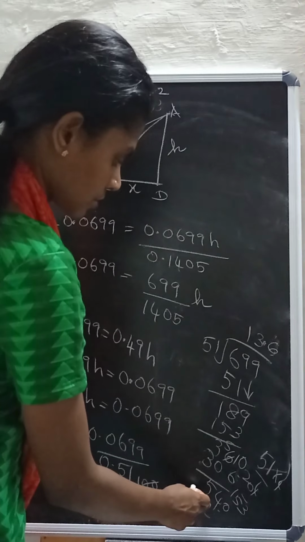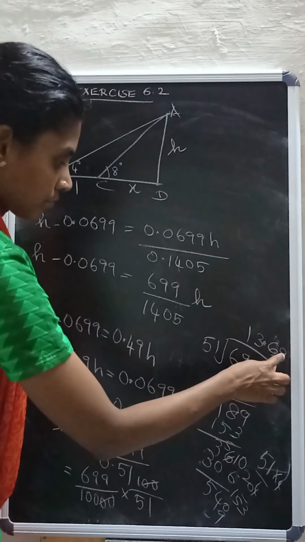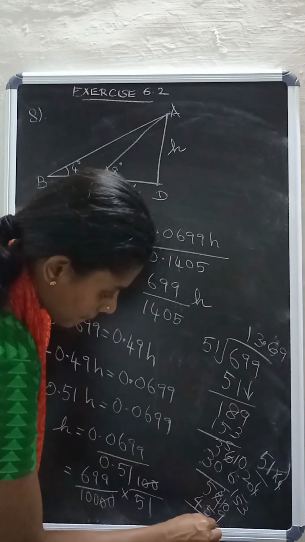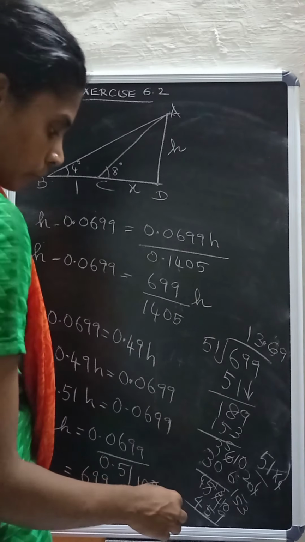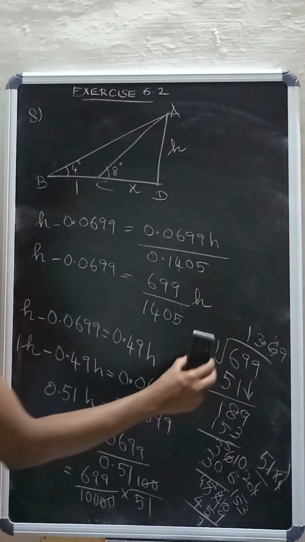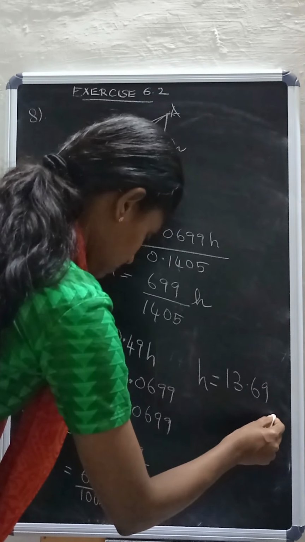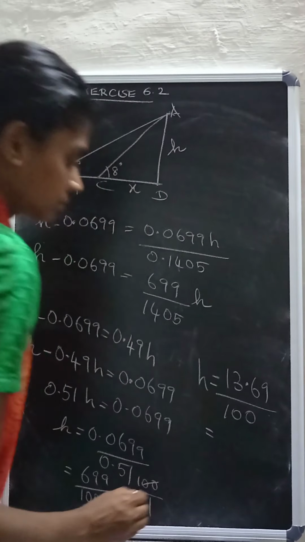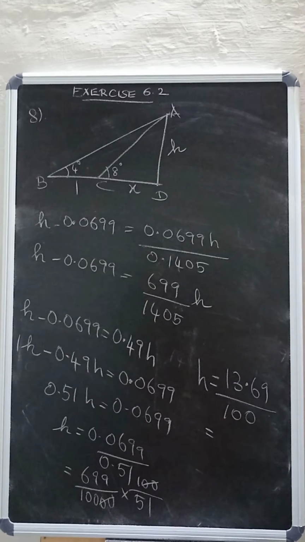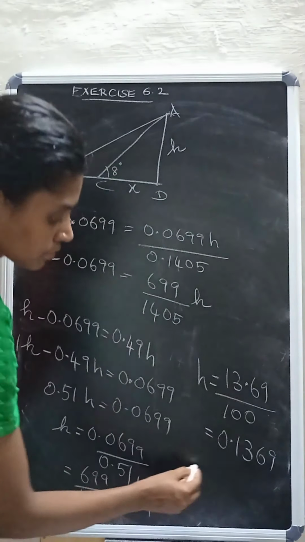So again 9 ones are 9. So 13.69. Since divided by 100 is there, you will bring the point, so it will become 0.1369, which is approximately equal to 0.14 mile. So the height of the peak is 0.14 mile.